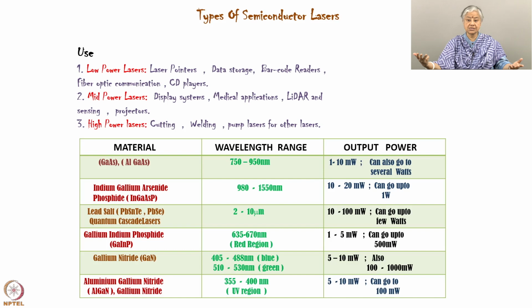Okay. So, you can use a laser for that. So, you really do not need a very high power laser for such an application. So, sensing once again here, LiDAR and other sensing applications, and then projectors. Then high power semiconductor lasers are used for cutting, welding, and as a pump laser for other lasers.